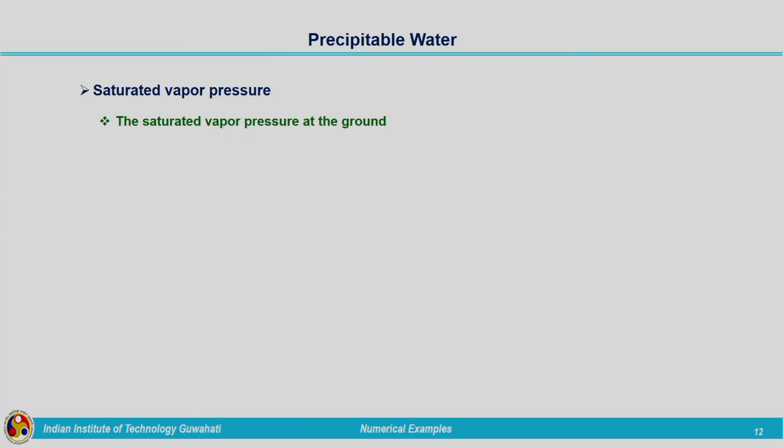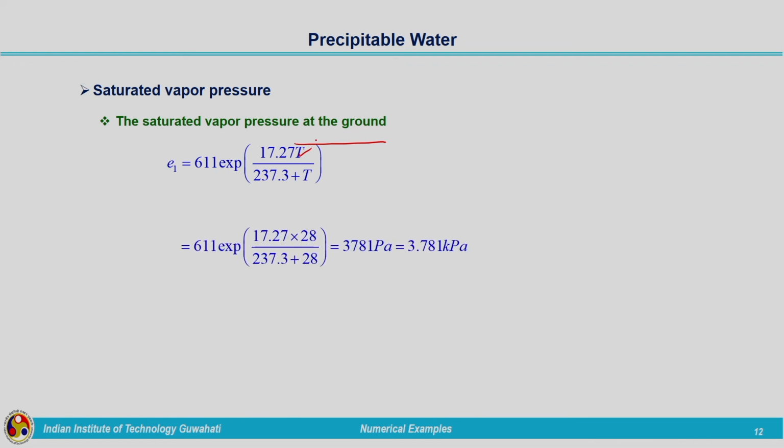Now, we can calculate the saturation vapor pressure. The saturated vapor pressure at ground surface we can calculate by using the exponential relationship between the temperature and the saturation vapor pressure. That is, at ground surface we will be making use of the temperature at the ground surface, and it is calculated to be 3.781 kilopascal. Temperature is 28 degree Celsius.